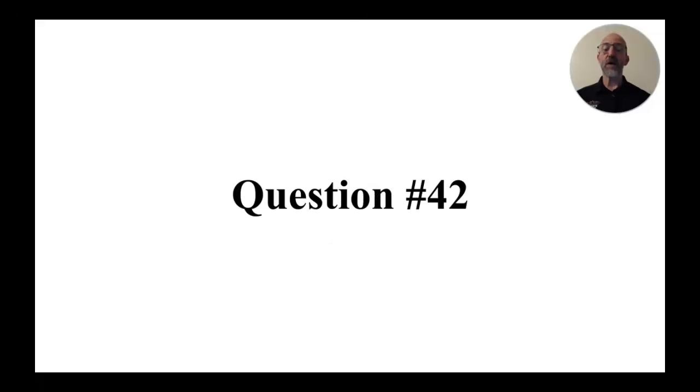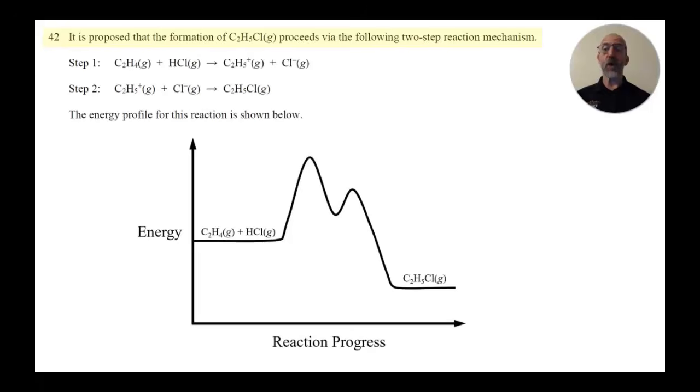In question 42, it says it is proposed that the formation of C2H5Cl proceeds via the following two-step reaction mechanism. So I can see step 1 and step 2, and it says that the energy profile for this reaction is shown below. So I can see an activation energy for step 1, and an activation energy for step 2.